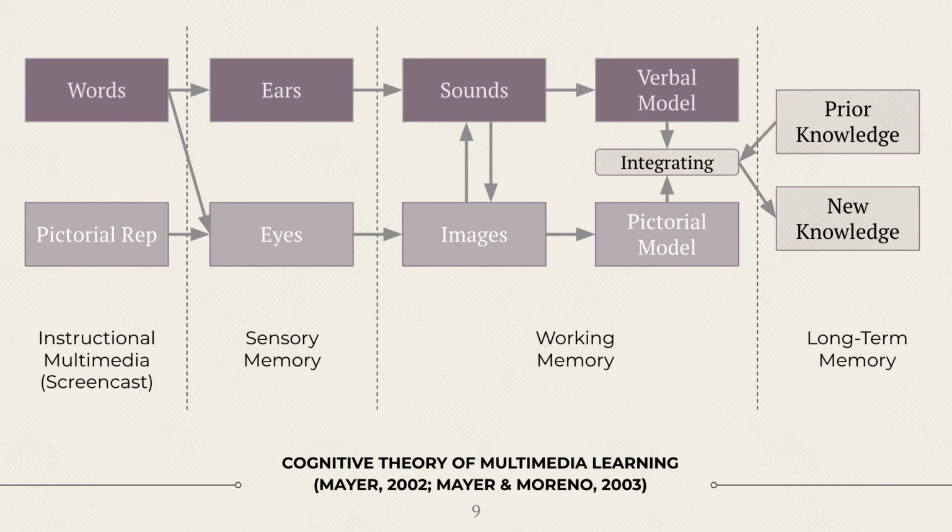All of this occurring in working memory at the same time. When combined with prior knowledge, these models are actively developed to reflect either a correct or incorrect framework of the material, and new understanding is either assimilated or accommodated into long-term memory.